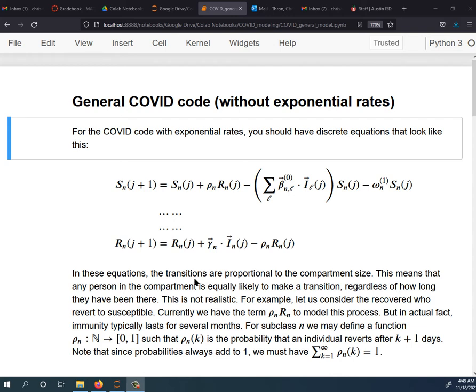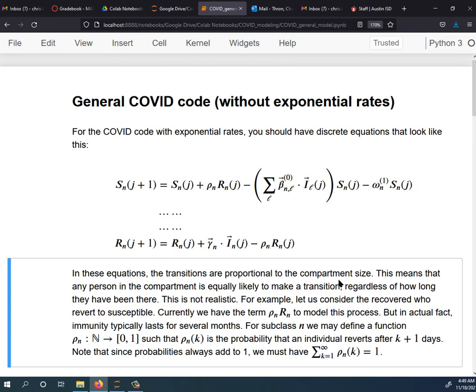Now, in these equations, the transitions are proportional to the compartment size. In other words, here we have this transition is proportional to the number of recovered. This means that any person in the compartment is equally likely to make a transition regardless of how long they have been there. This is not realistic. For example, let's consider the recovered who revert to susceptible. Currently, we have the term rho n Rn to model this process.